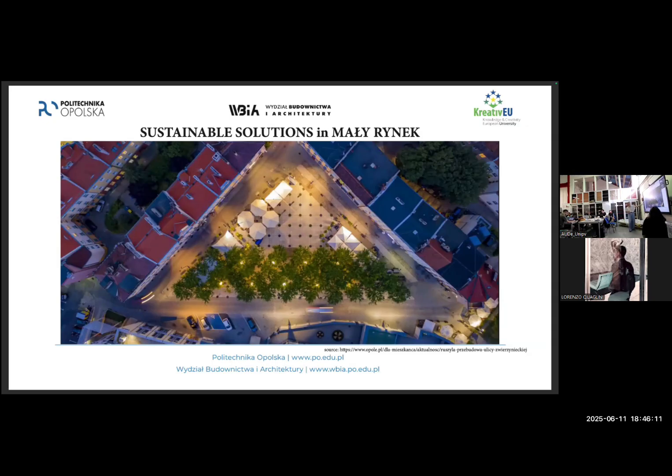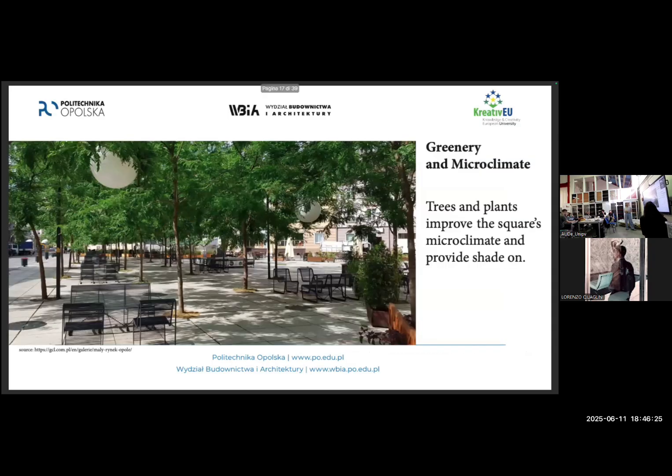So you can clearly see the recreation zone. You can see the shaded zone below the trees with some lights. And you can see the transition zone for the movement of the cars. And now as we move to, let's say, eye level, we can really experience how the space improved after the revitalization.